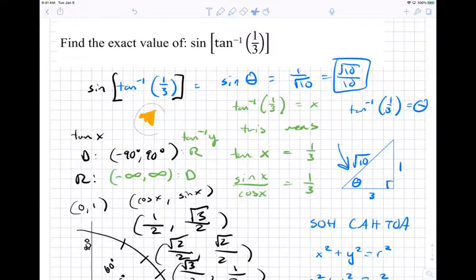So this blue part here is just some theta. It's just an angle, because it's an inverse trig. So this is going to output an angle. So whatever the angle is, we don't officially have the angle, but we have this right triangle trigonometry going on. So now we can just let this be that angle, and sine of that same angle is going to be 1 over the square root of 10, which is this.